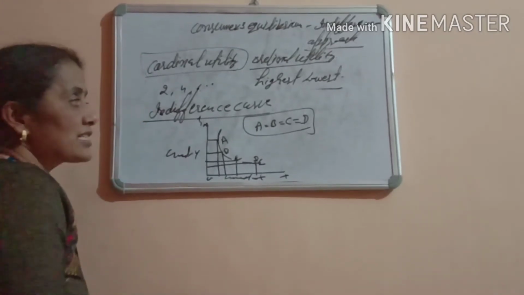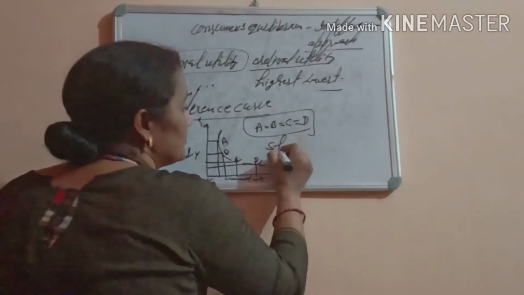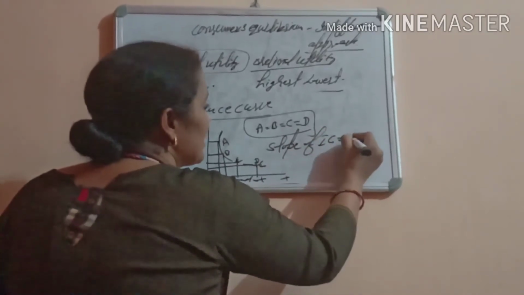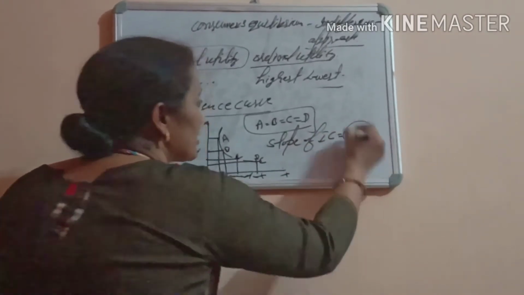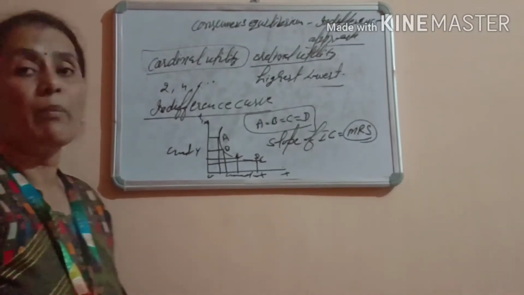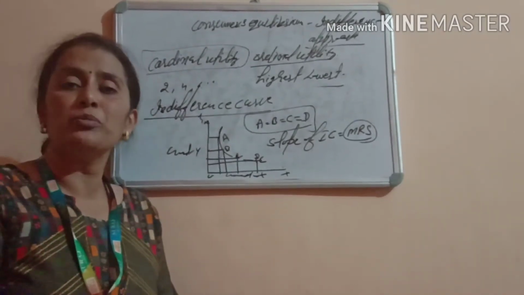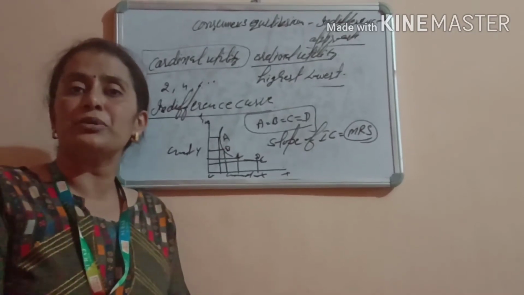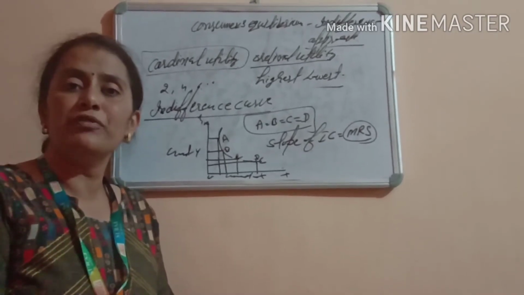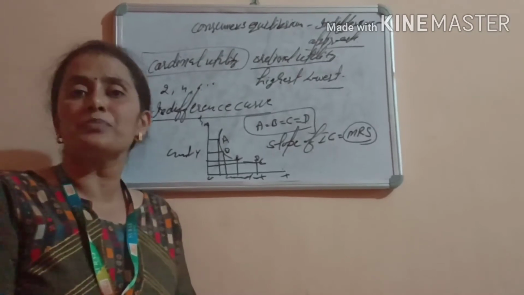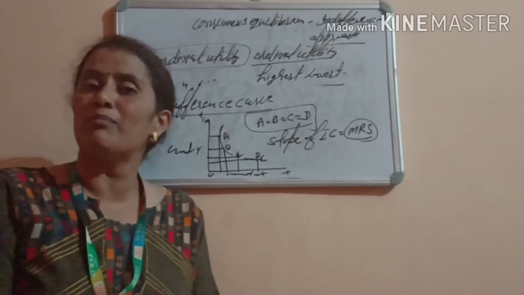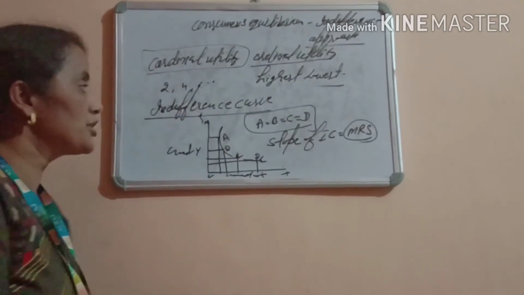Then next is the slope of IC. The slope of indifference curve depends on the marginal rate of substitution. What do you mean by the marginal rate of substitution? It is the rate at which the consumer can substitute one good for another good.